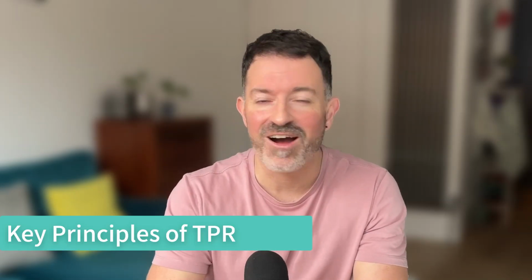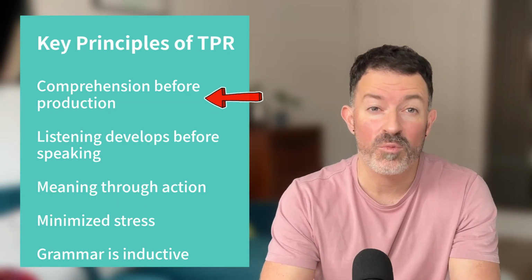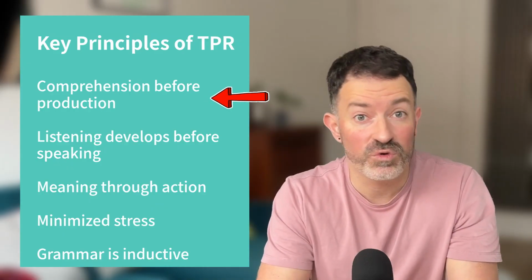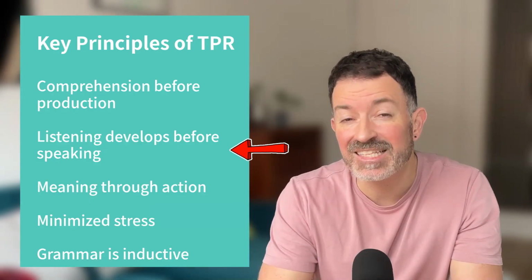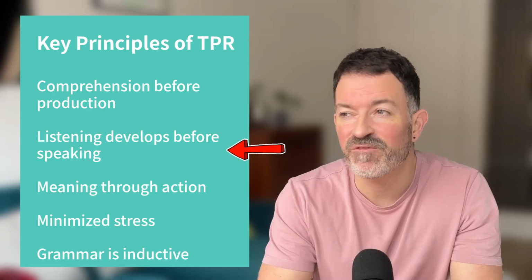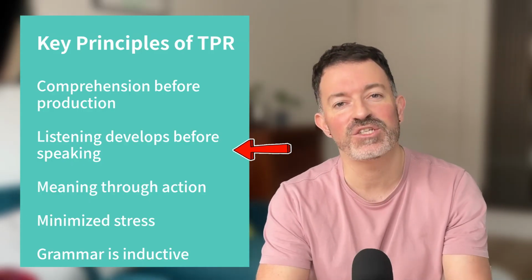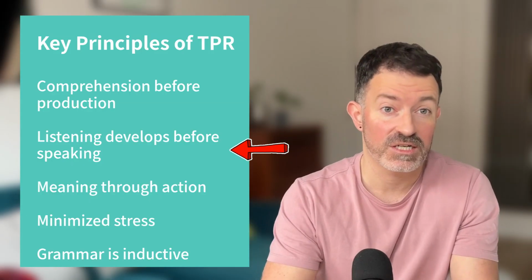Let's think then about the key principles of TPR very quickly. TPR is built on several core principles. The first one is that comprehension comes before production. So learners are not forced to speak. The second is that listening develops before speaking. So comprehension skills form the foundation for later oral production.